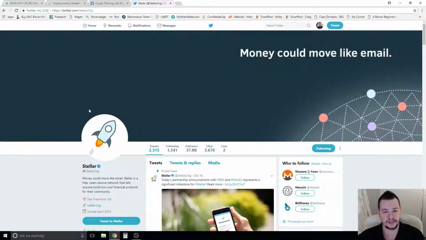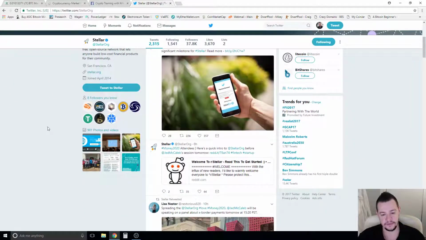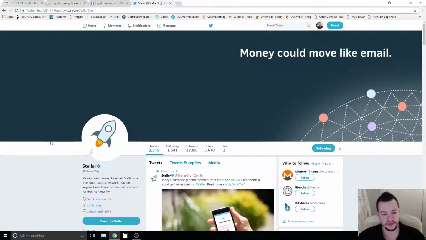They've recently been in contact with IBM, and IBM have formed a bit of a partnership with them. They're going to try and utilize a purchasing system with Stellar Lumens, so people can purchase products or things online with cryptocurrency, which is fantastic.